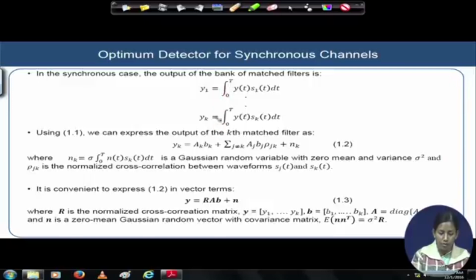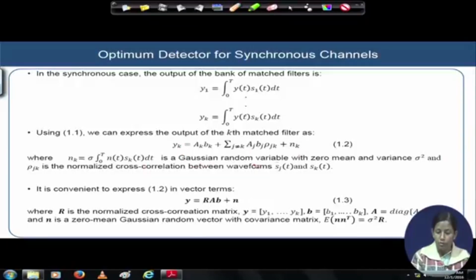Like that the whole bank works, and at the end we get y_k, a bank of discrete random variables, y1 to yk. Any one of these sampled outputs of the matched filter, y_k, can be rewritten as a_k b_k plus the summed-up terms plus n_k. This is for the kth output of the kth matched filter, matched to the kth user.